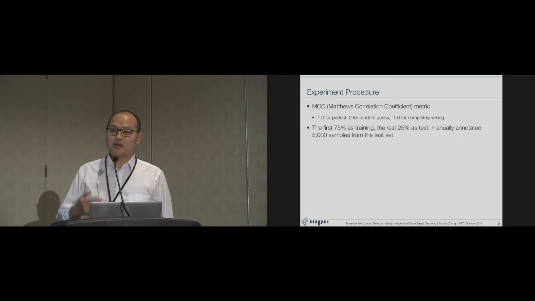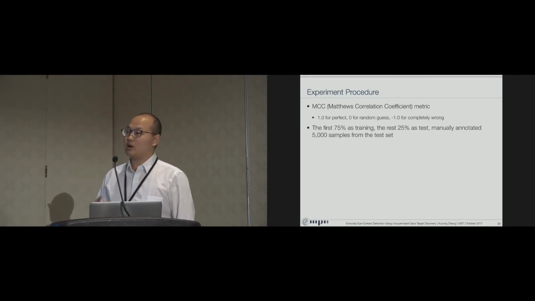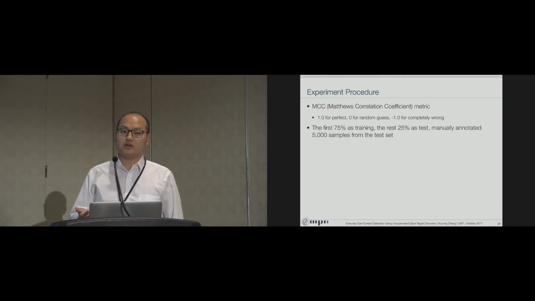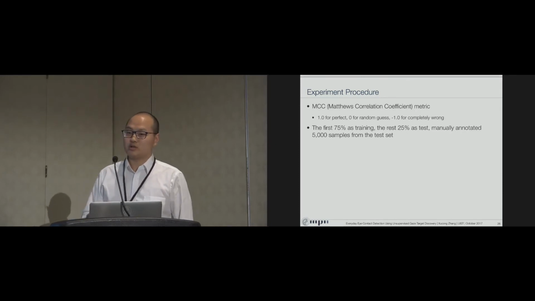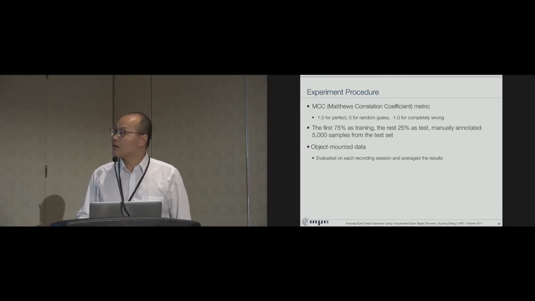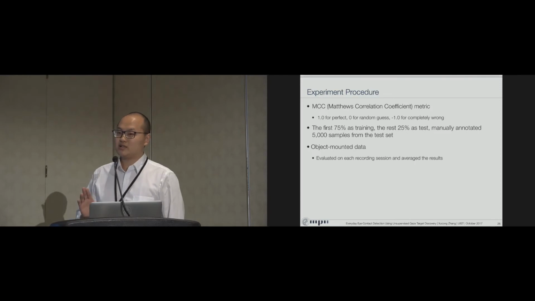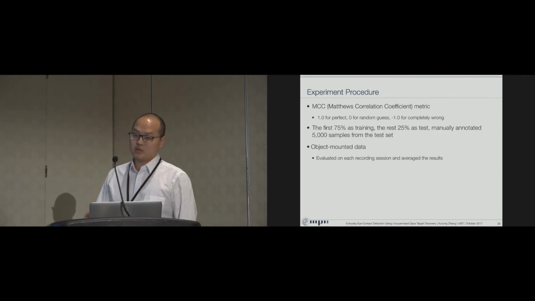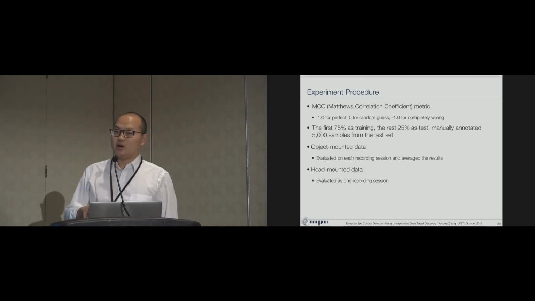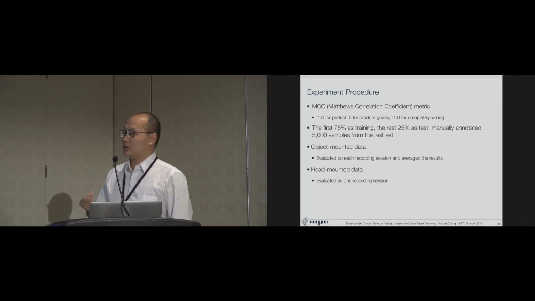We also manually annotated 5,000 samples from the test set to report the value, and there are no labels for the training part. For the object-mounted data, we treat each recording session individually and average the results. For the head-mounted data, we treat it as one recording session.